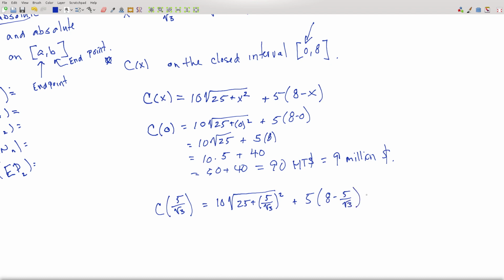And this is really just a matter of plugging that into the calculator. When you plug that into the calculator, you'll get a value that is approximately equal to $83,300,000.